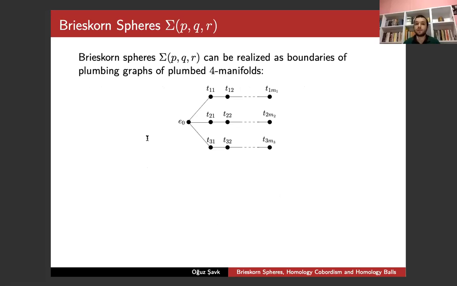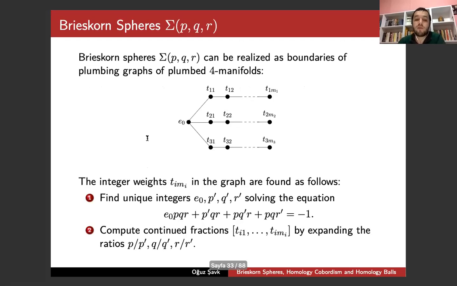We can realize Brieskorn spheres as the boundaries of plumbed four-manifolds, and this is the plumbing graph. We can find these integers by solving this type of equation, and finding the solution is fairly easy, because as you see, we can take mod p, q, and r reduction and find the other integers.